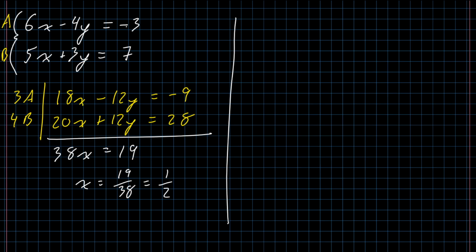Now, plug that into one of the equations we started with. It still doesn't matter which one. I will choose the one that has an even coefficient on x, though, because I know that multiplying an even number times 1/2 gives me a whole number. Multiplying an odd number times 1/2 would give me a fraction, and that would make the arithmetic a little bit harder.